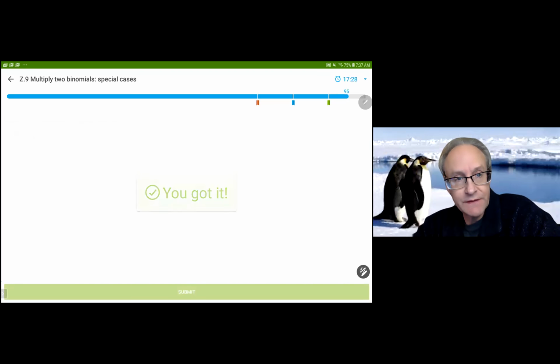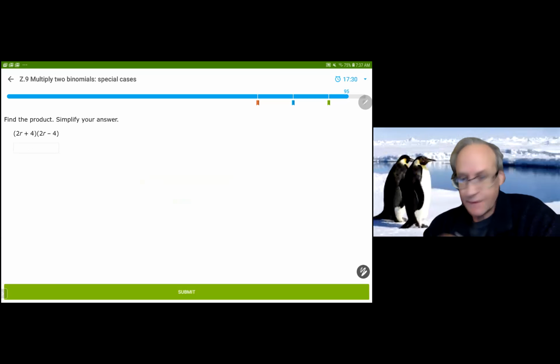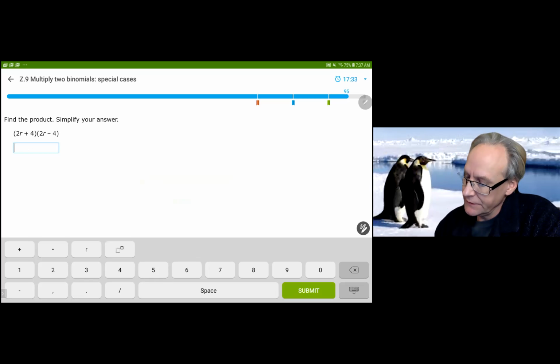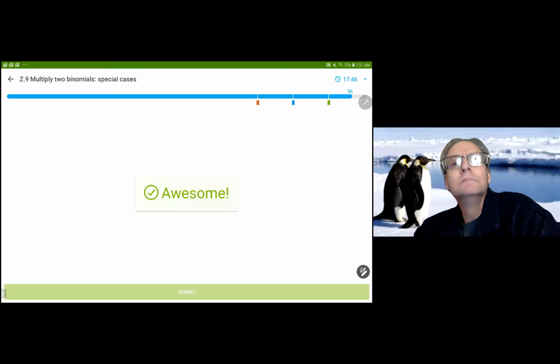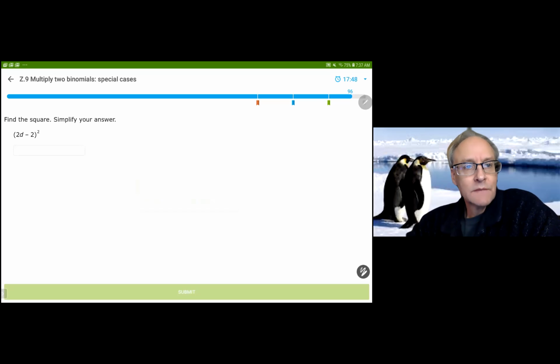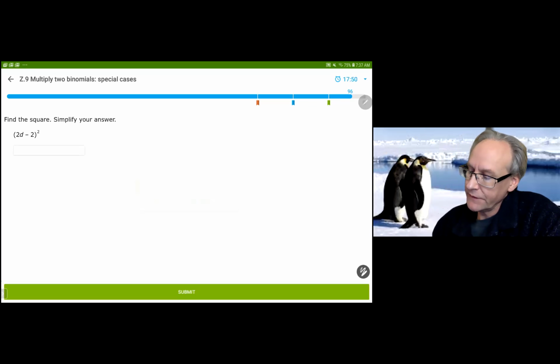Not difference of squares. Difference of squares is something else. This one is going to be a difference of squares, which is 4r squared minus 16, isn't it? 4 times 4 is 16. Couple more. Looks like it's a perfect square trinomial.